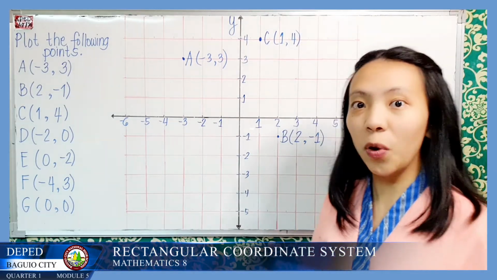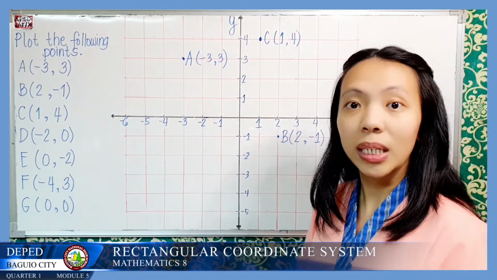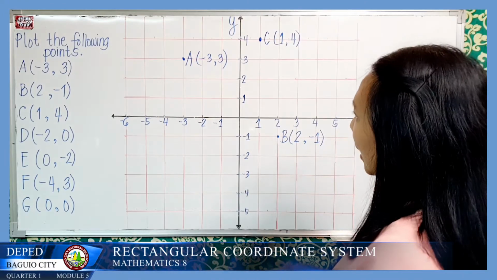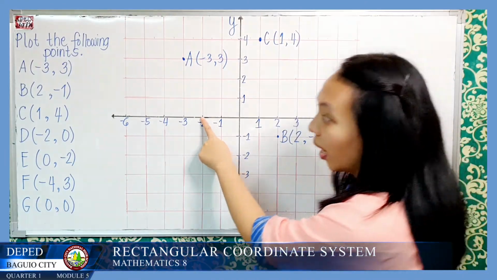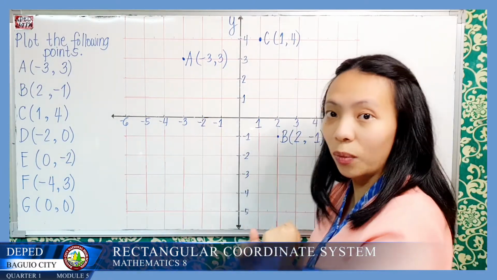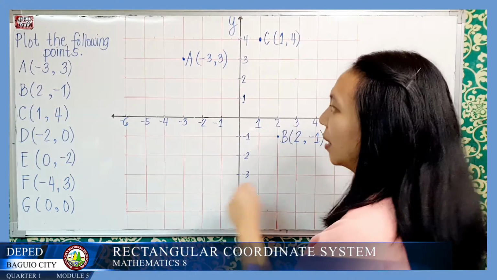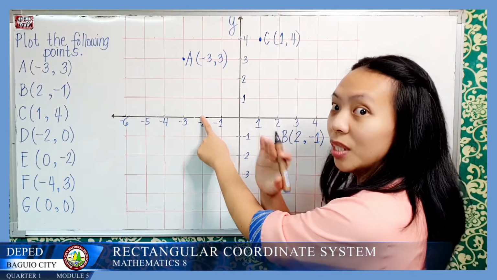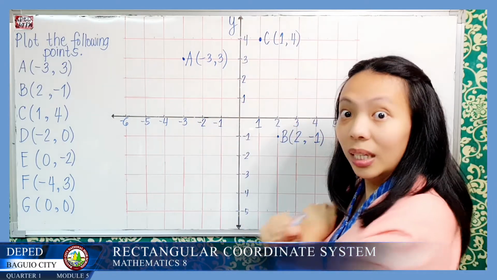Let's move on to point D. Point D is at -2, 0. Locate -2 along the x-axis, and 0, the second coordinate, or the y-coordinate, or the ordinate, means we do not move up nor down.